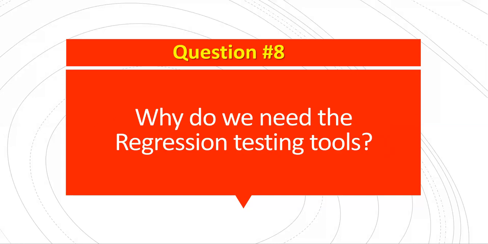That would again be a waste of time. So as soon as your test cases are completed or passed in earlier builds, if you automate those test cases using automation tools, in the upcoming builds you can execute those test cases using the tools, and the rest of the test cases you can test manually. That will reduce a lot of time and effort for you. That's the reason we need testing tools, especially when you perform retesting and regression testing.